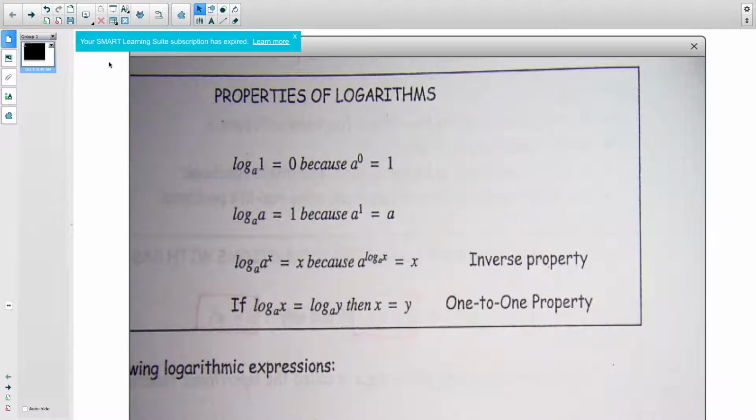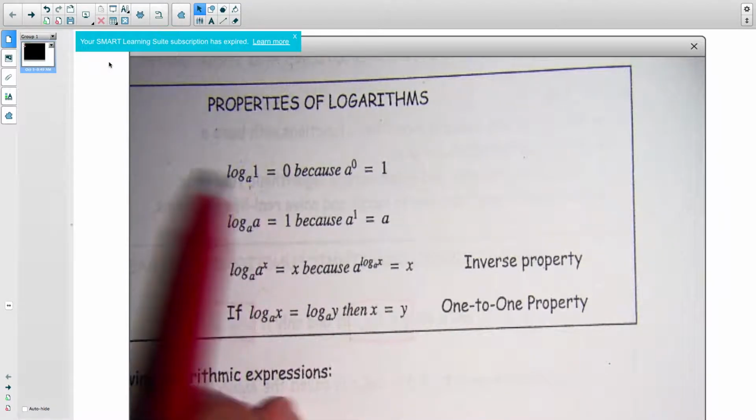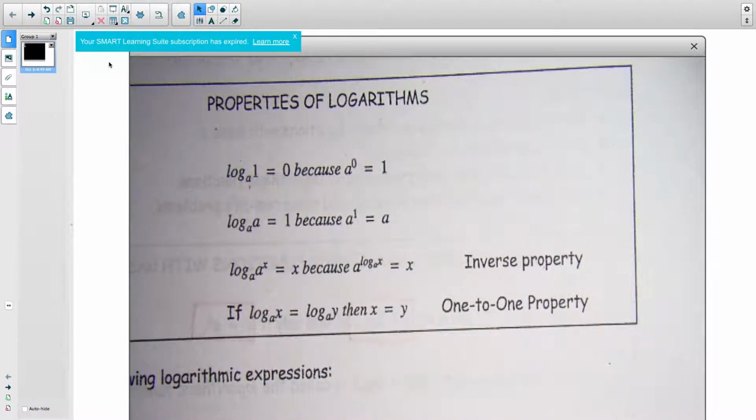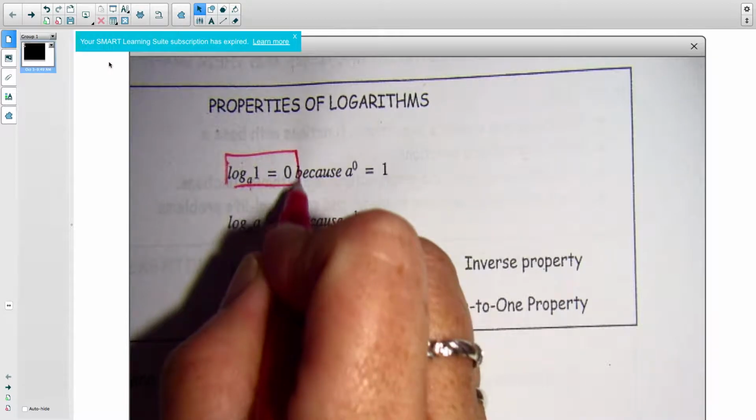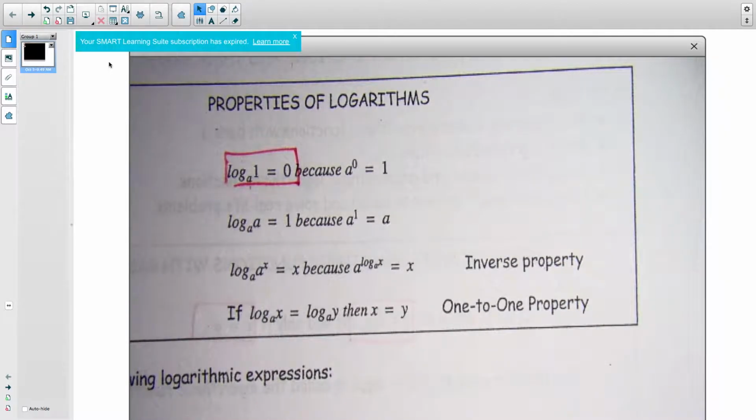Log of any base of 1. Anytime you do the log base a of 1, it's always 0 because a raised to the 0 power equals 1. It's the only way you get 1. Any number raised to the 0 power is 1. So log base a of 1 is 0.